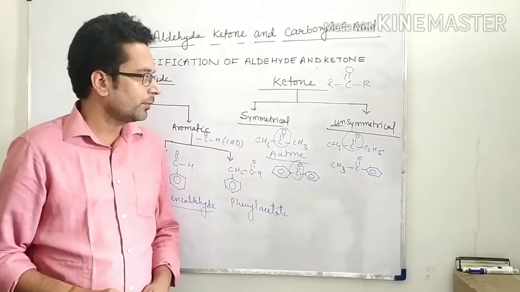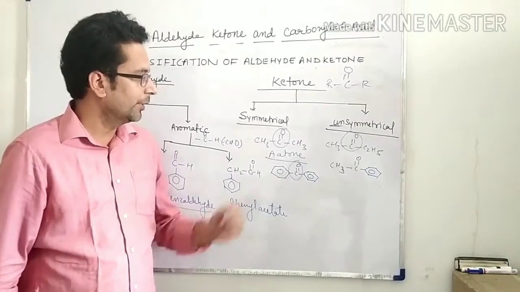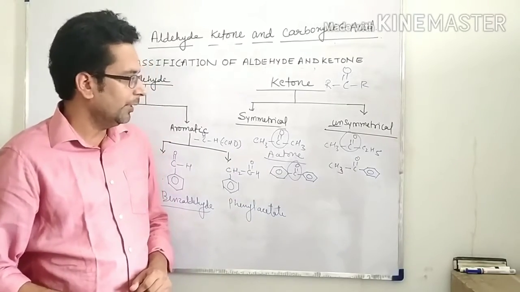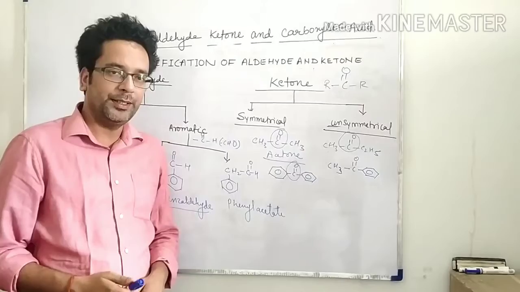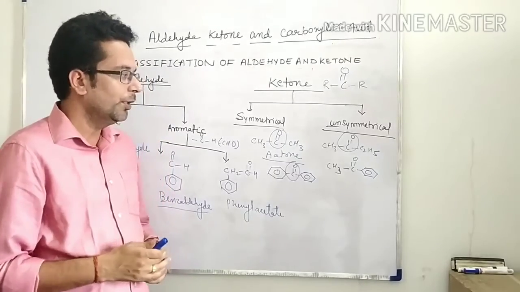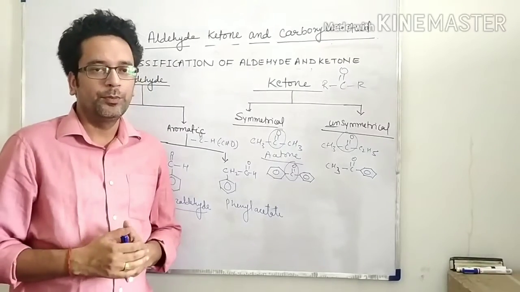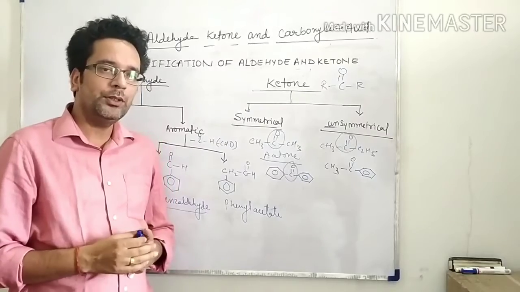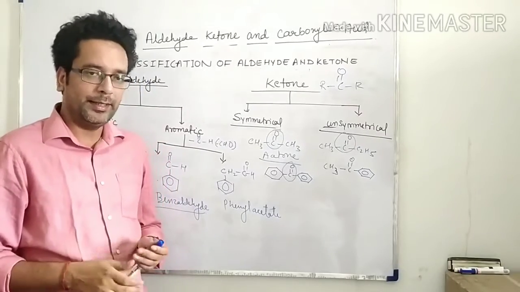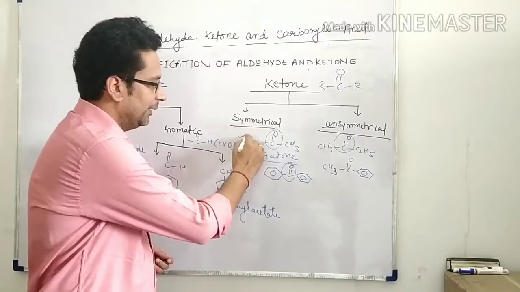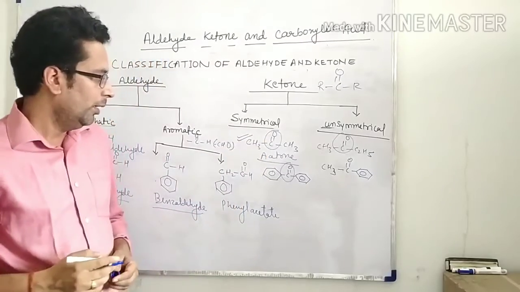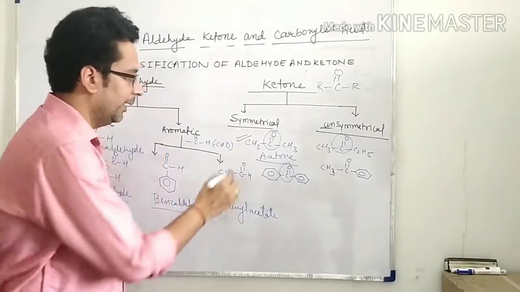Now another classification of ketones is on the basis of aliphatic and aromatic, that is aliphatic ketone and aromatic ketone. Aliphatic ketone means only alkyl groups are attached. These are examples of aliphatic ketone.